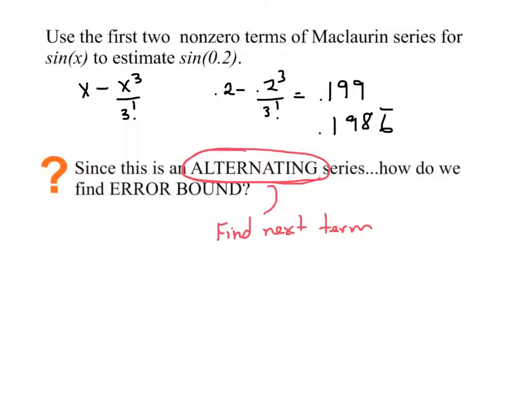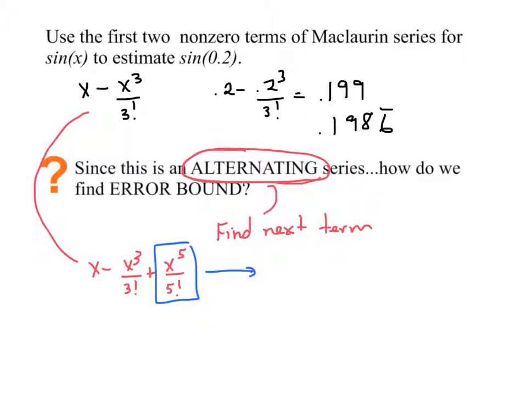If you used 10 terms, the 11th term would give the error bound. The next term in my Maclaurin series for sine, remember it's x minus x cubed over 3 factorial plus x to the 5th over 5 factorial, is x to the 5th over 5 factorial.